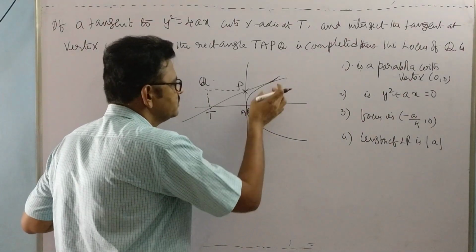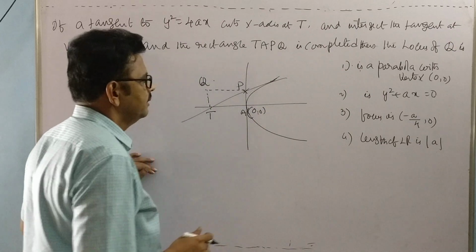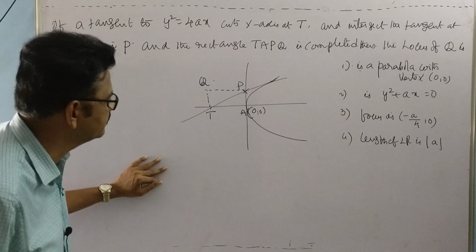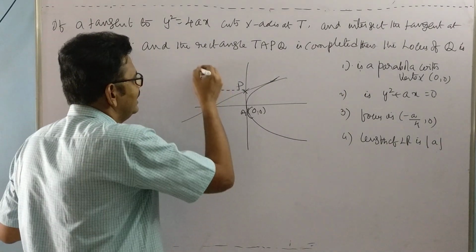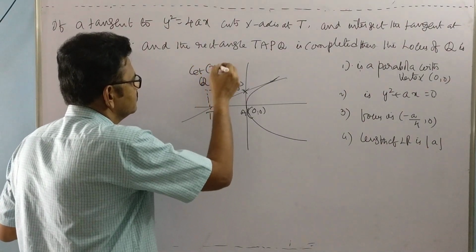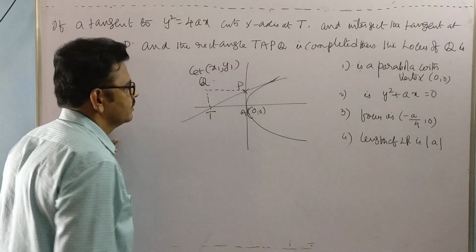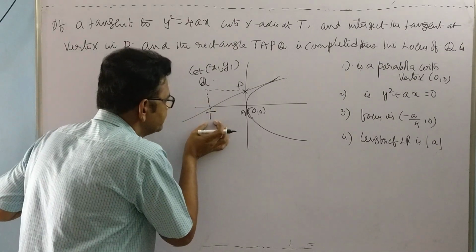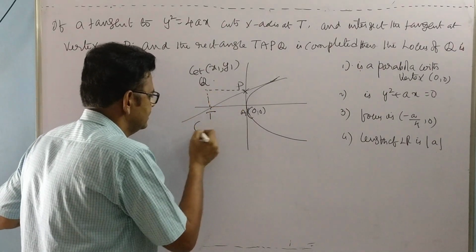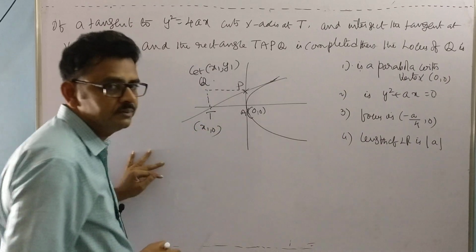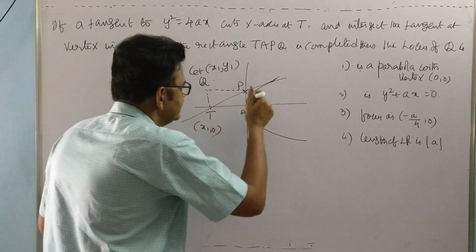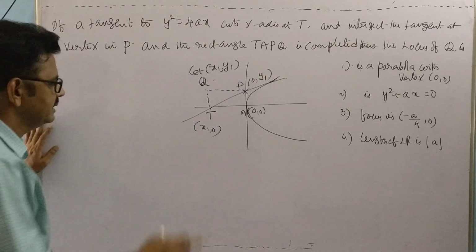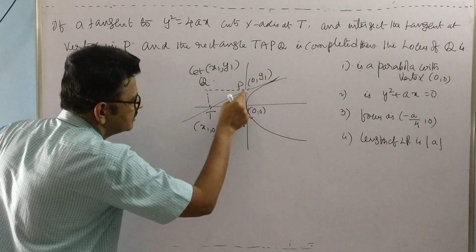There are two methods, and I teach a very simple method. By taking the parametric form is one process, which is a little bit lengthy. The simple one is: let the coordinates of Q be x1, y1. What are T's coordinates? T is the foot of perpendicular from Q on x-axis, x1, 0. What about P's coordinates? 0, y1. Now x-intercept is x1, y-intercept is y1.